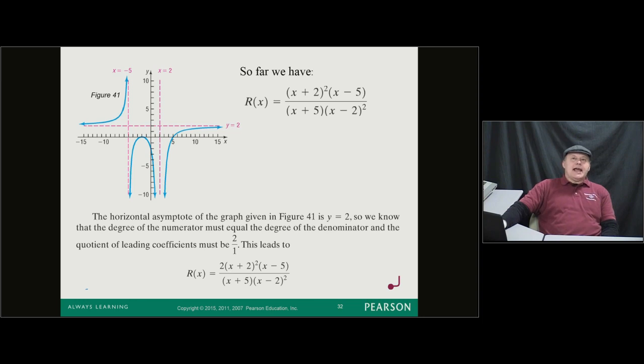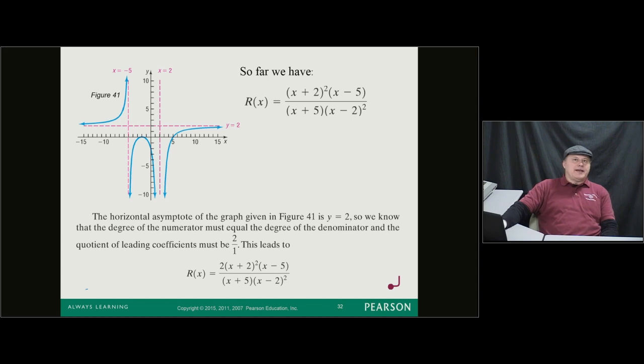You might be thinking, wait a minute, doesn't that give you another x-intercept? No. Look at the numerator. The x-intercepts are still -2 and 5. 2 is never 0 anyway. The only reason that 2 is up there is to provide the horizontal asymptote of y equals 2. That was necessary in order for that to happen.